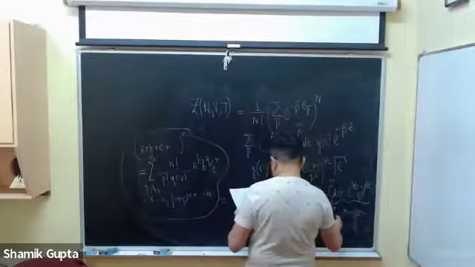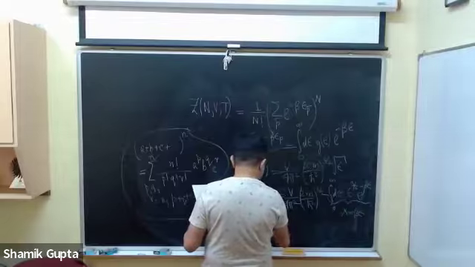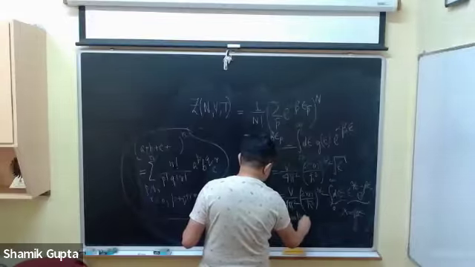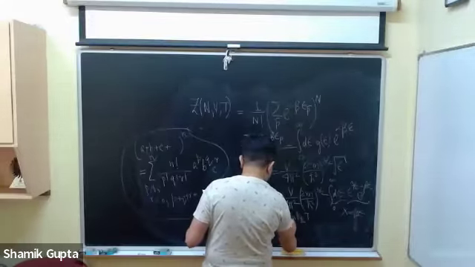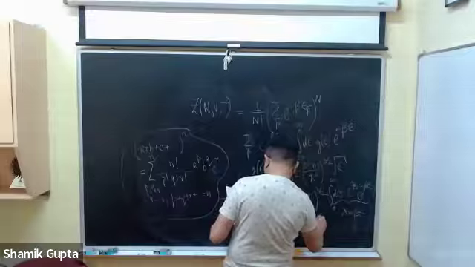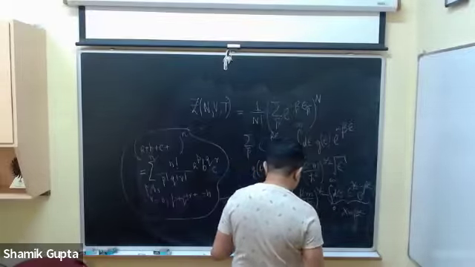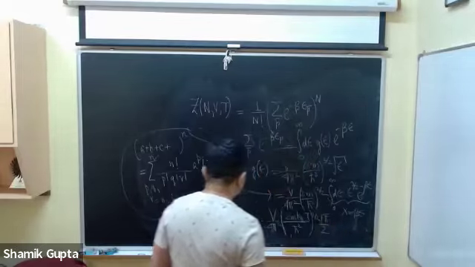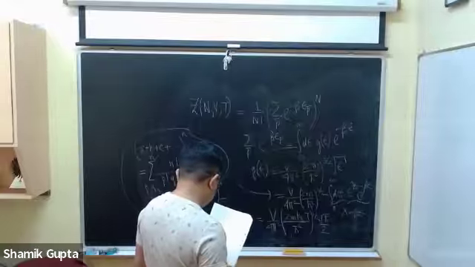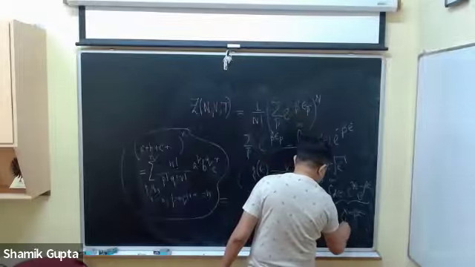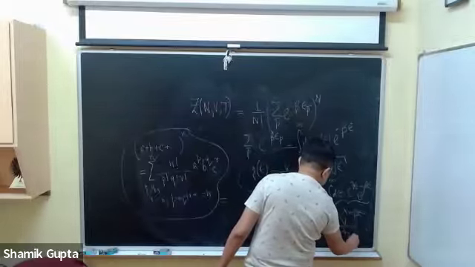So if I do that, what I get is V by 4 pi squared of (2 m kBT by h bar squared) to the power 3 by 2 of square root of pi by 2. And so if I do the cancellation, what I get is this is nothing but V divided by lambda thermal cubed.